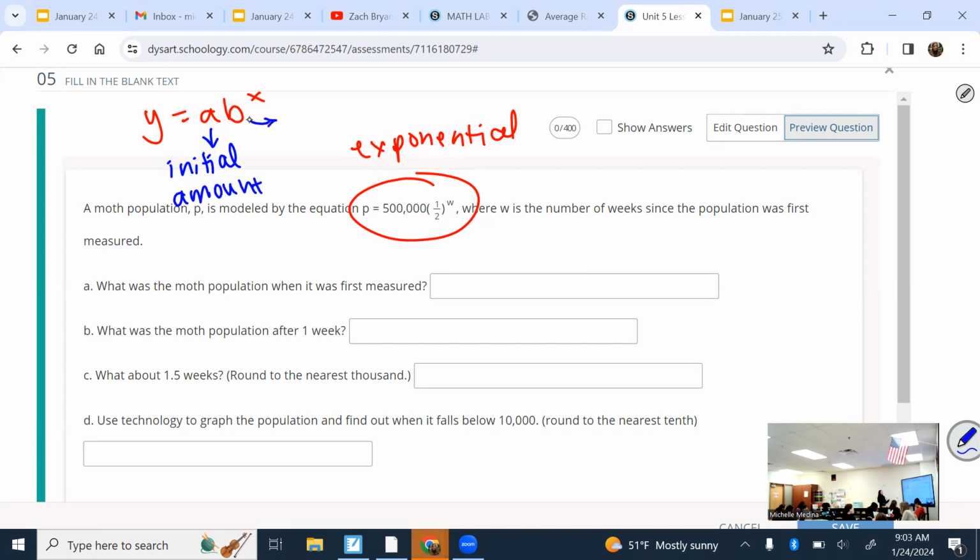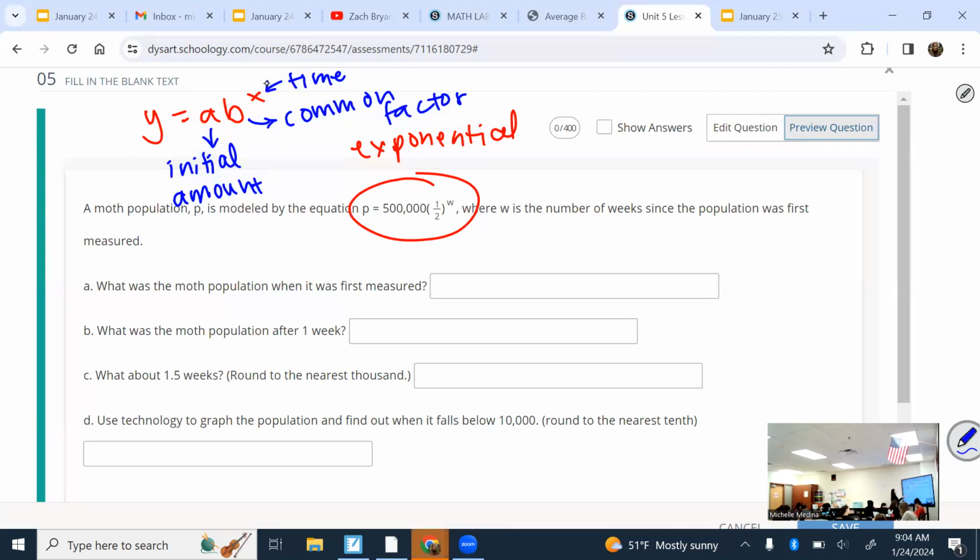B stands for what? Common factor, whatever you're having to multiply by each time to get to the next number. And then X is usually what? Time. Which is usually what you input so that you can get your output. So knowing that, that should help us answer these.